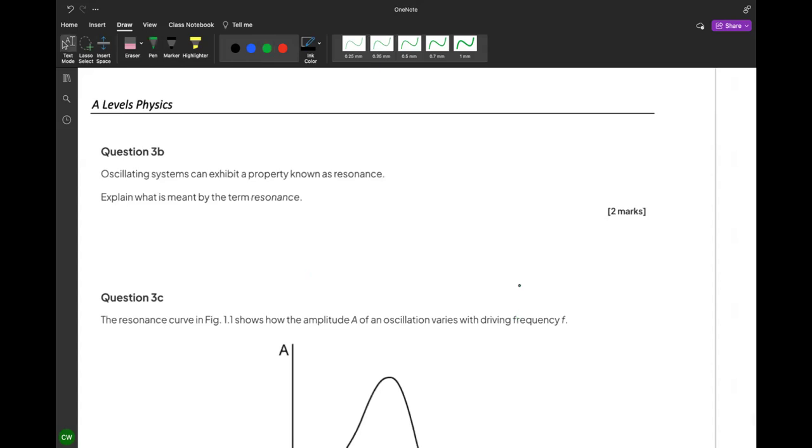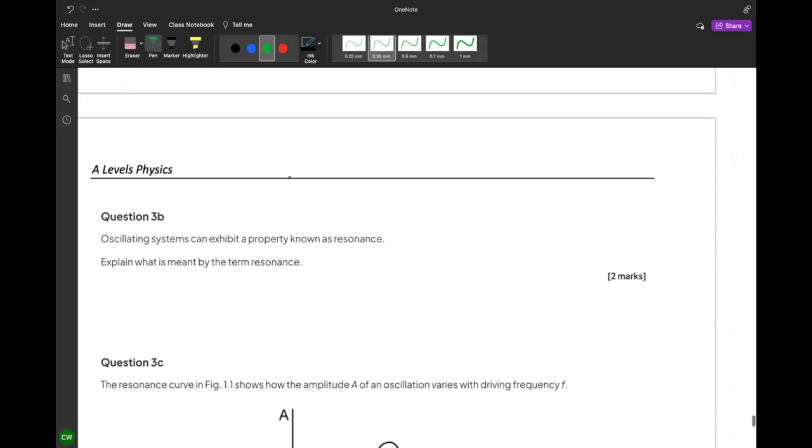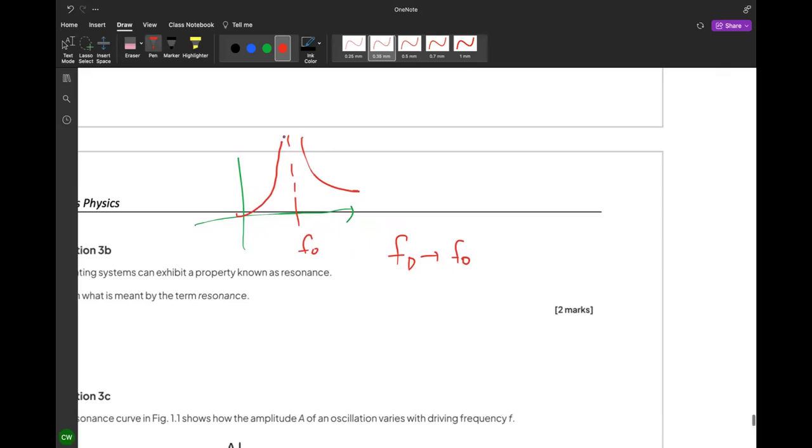Okay, resonance. How do you describe resonance? So this one, amplitude of system against natural frequency. When the driving frequency is very close to the natural frequency, the amplitude will be very big at this point.